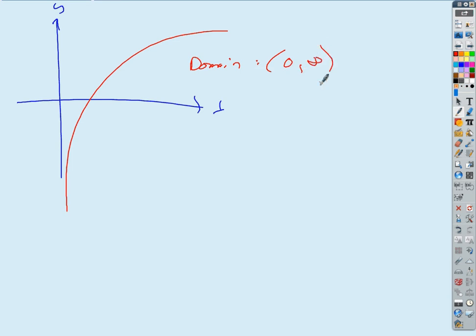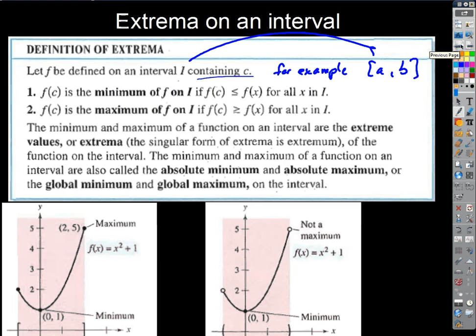What's the natural domain of any quadratic function? Yeah, all reals, right? Okay. So for something to be a global extremum, it would have to be the absolute highest point that could exist mathematically on that function, right? So if you had a parabola, for example, a parabola can only have one extrema, or extremum, right?